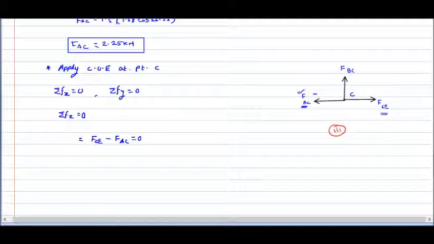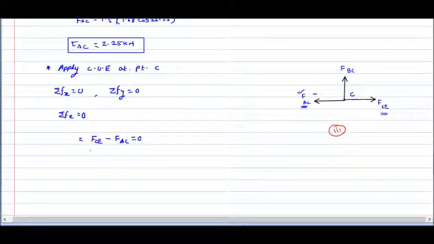Now I will put in the values, whatever we have calculated, as they are. If it is plus, we put plus; if it is minus, we put the minus value in this equation. So first write down the equation and then put in the values.